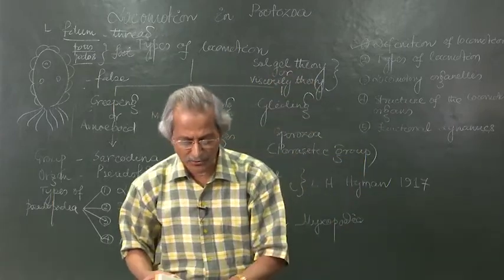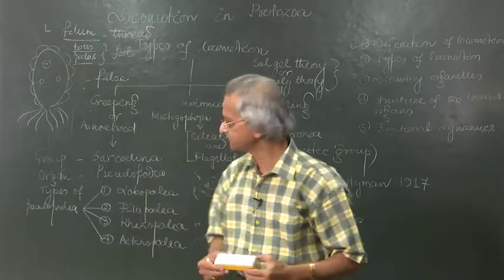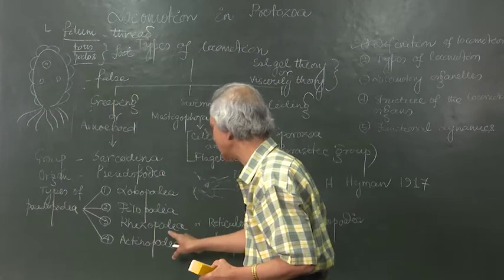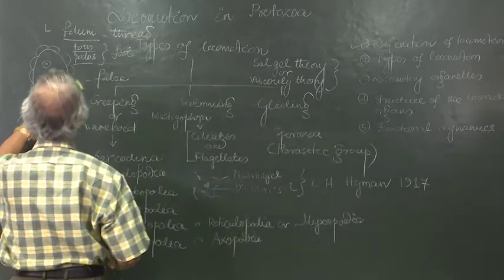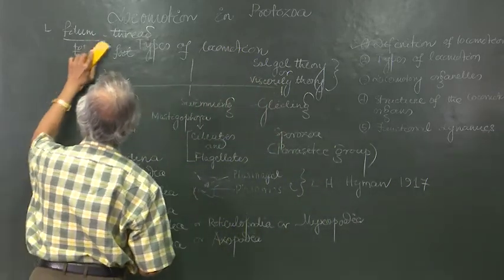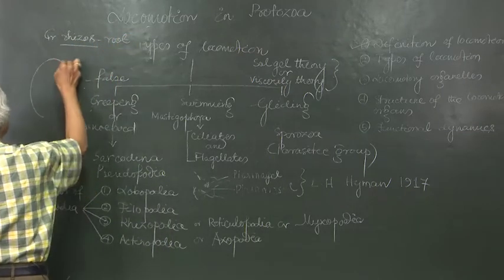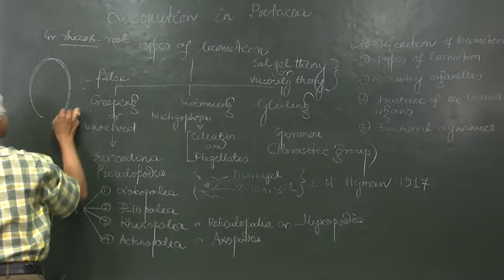The third category is known as reticulopodia, or rhizopodia. Rhizos means root or root-like structure. Here you will find the animal is like this.